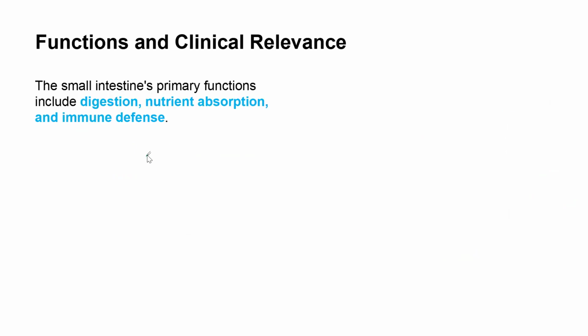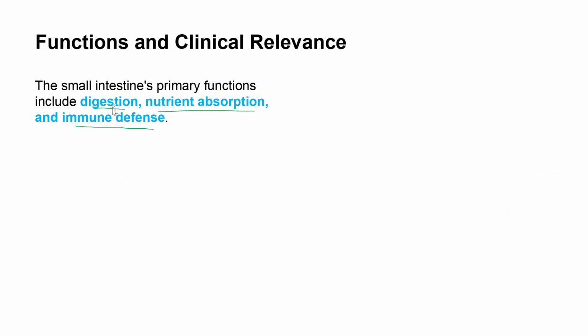Then the next thing is functions and clinical relevance. The small intestine's primary functions include digestion, nutrient absorption, and immune defense. These are basically the three major functions of the small intestine.